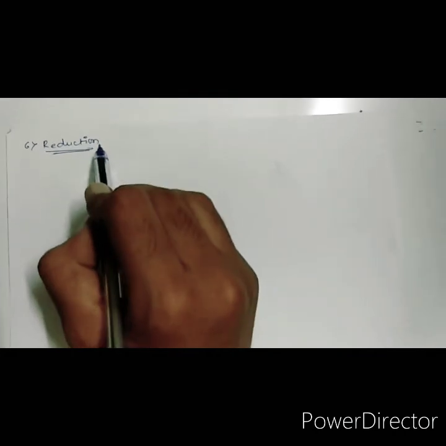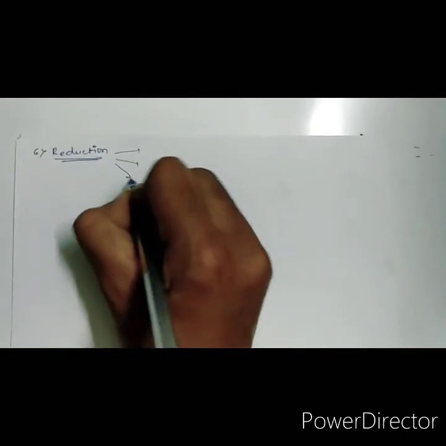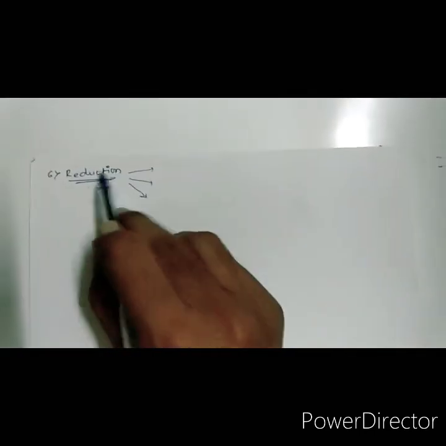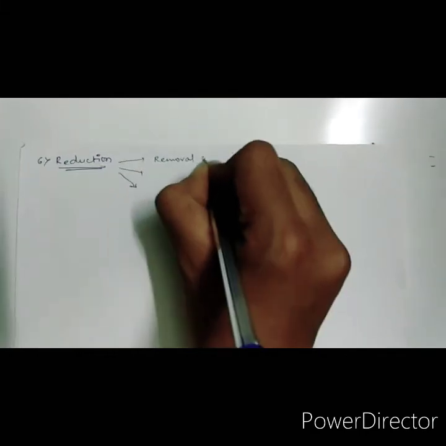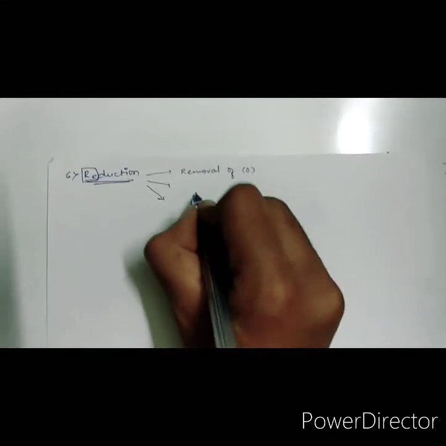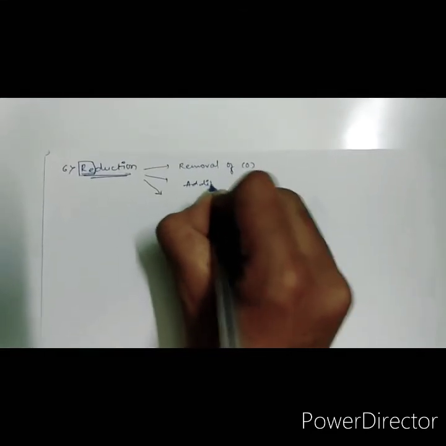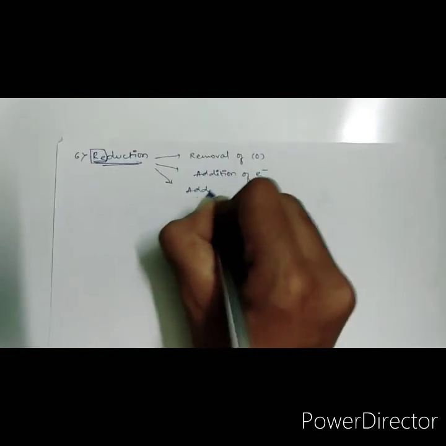So now let us see how the reduction reactions are carried out for pyrrole. Again, the definitions of reduction: three definitions. In oxidation, it was addition of oxygen. But in reduction, there is removal of oxygen, or addition of electrons, or addition of hydrogens.